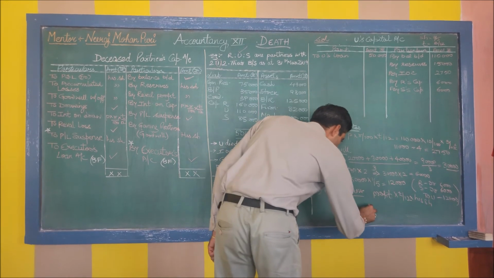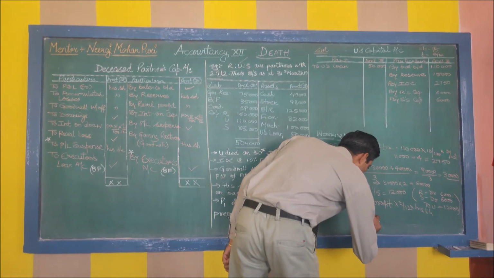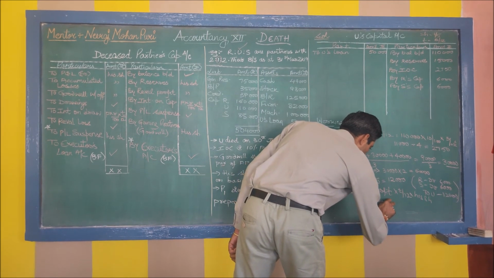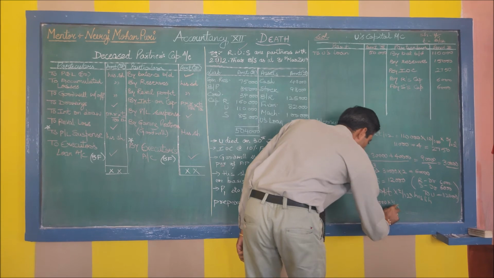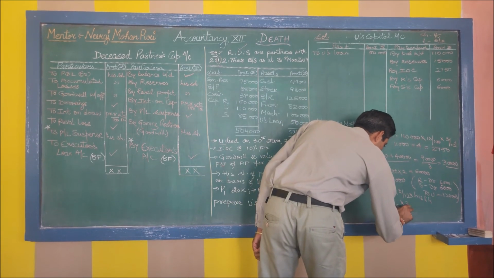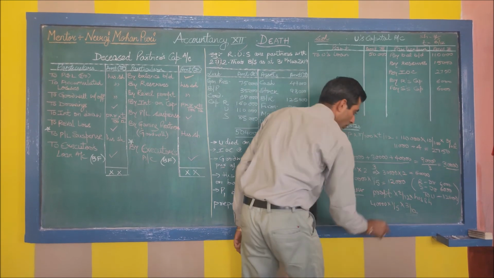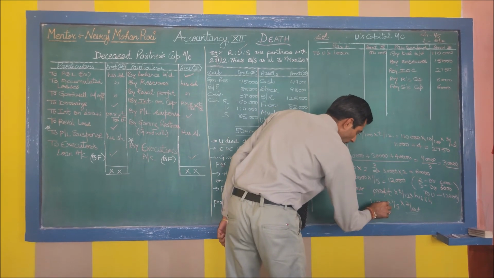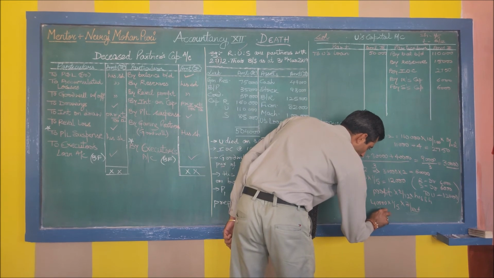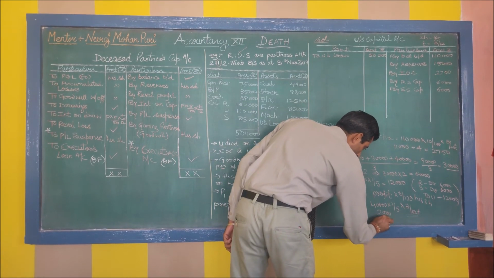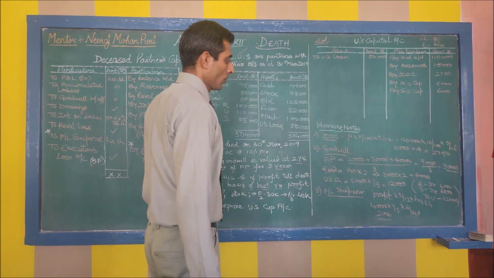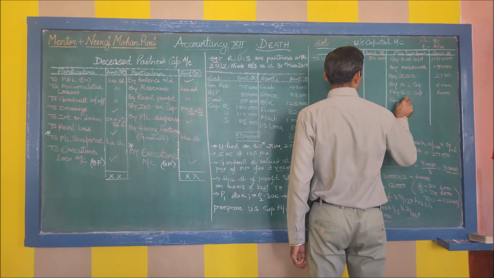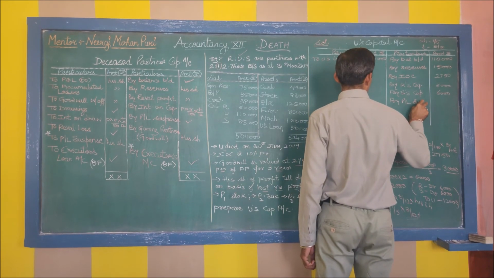Let's substitute the values. Profit of last year is 40,000. So this is 40,000 multiplied by 1 upon 5 multiplied by 3 upon 12. So 3 upon 12 is 1 upon 4. This 4 and 5 is 20. This will give you 2,000. 2,000 will be copied here.